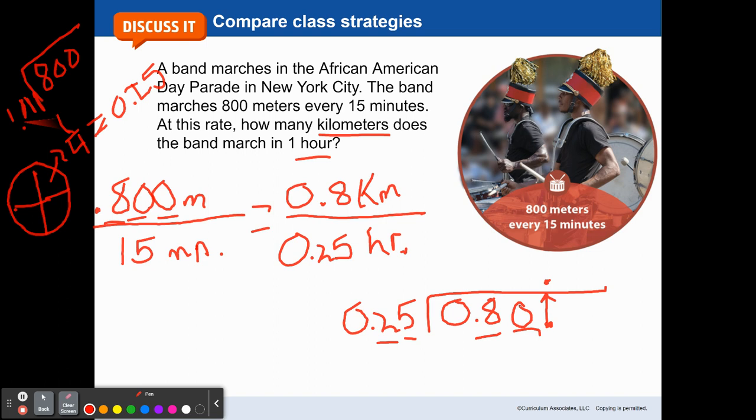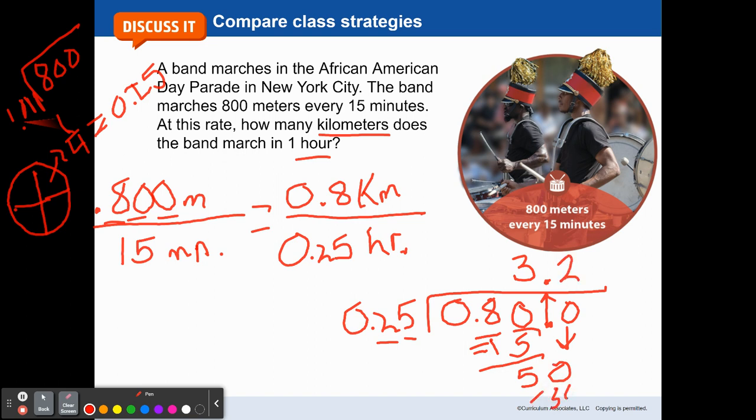So I can count by 25s in my head. I know 1 25 is 25, 2 25s is 50, 3 25s is 75. So that's pretty close, right? Let's stick with that one. 75. So 80 minus 75 is going to be 5, right? I can add a 0, bring it down. 50. Two 25s is 50, right?